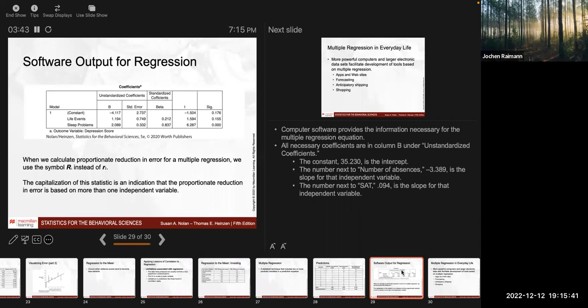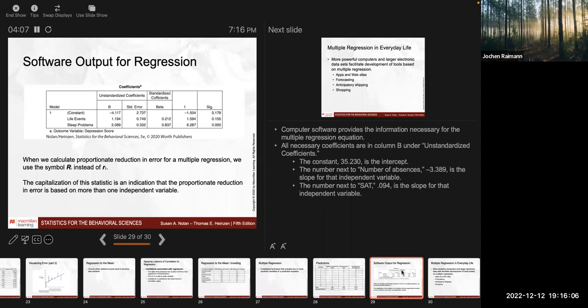Good. What you have here is basically the same output. All statistical software will show you data in the same way and fashion. What's important to keep in mind is you have different columns. You have the model, including the different variables that were included in the analysis.